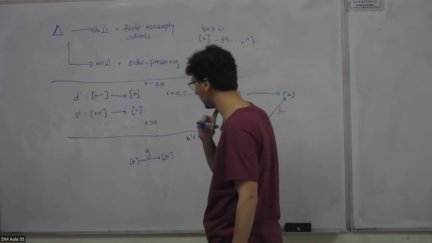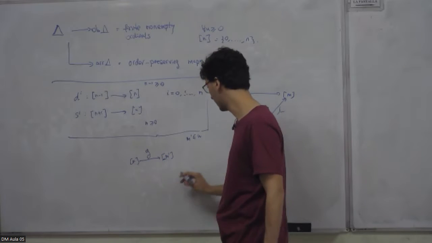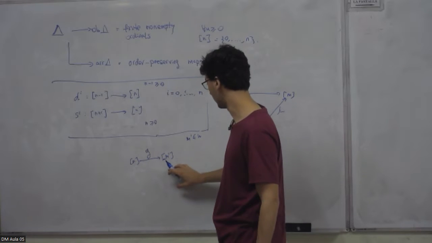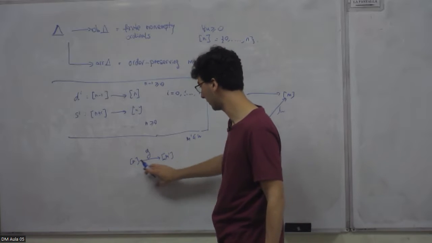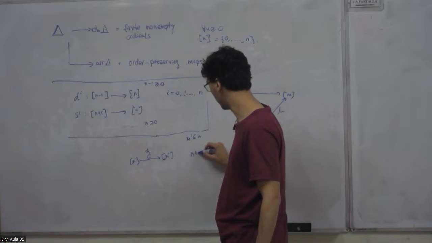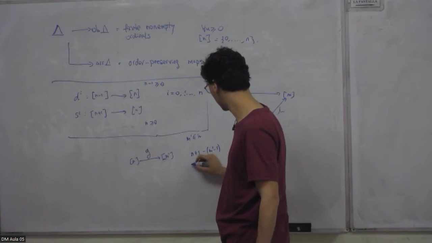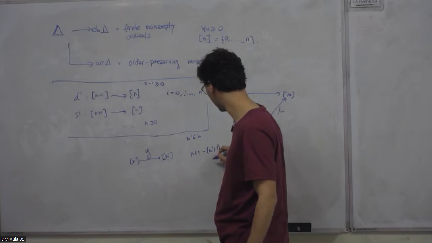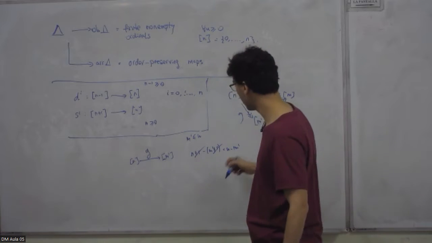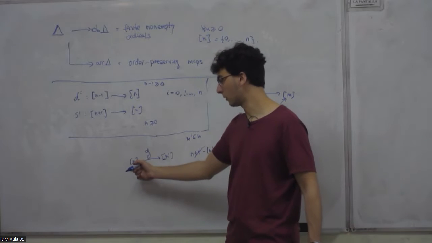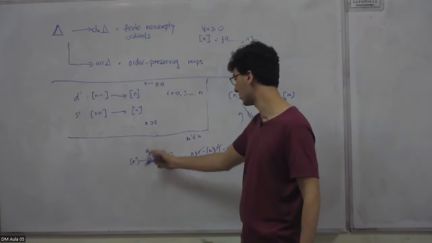I was saying how many points are there at which g must be non-increasing, and it must equal the number of extra points this has compared to this. So we have n minus m prime extra points here. So there must be exactly n minus m prime points at which g is non-increasing.